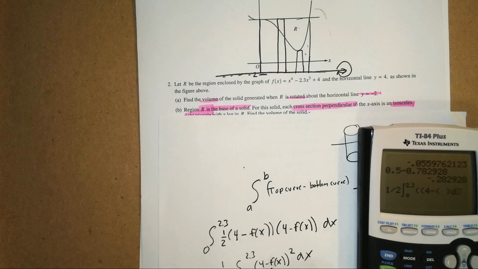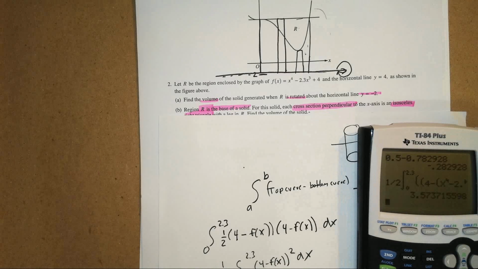That's what I forgot to do in the last one. I forgot to distribute the negative to the f of x. So 4 minus (x to the 4th minus 2.3x to the 3rd plus 4), close the parentheses and close it again, and then second power, dx. Then it'll give me my volume of 3.573, which is my answer.